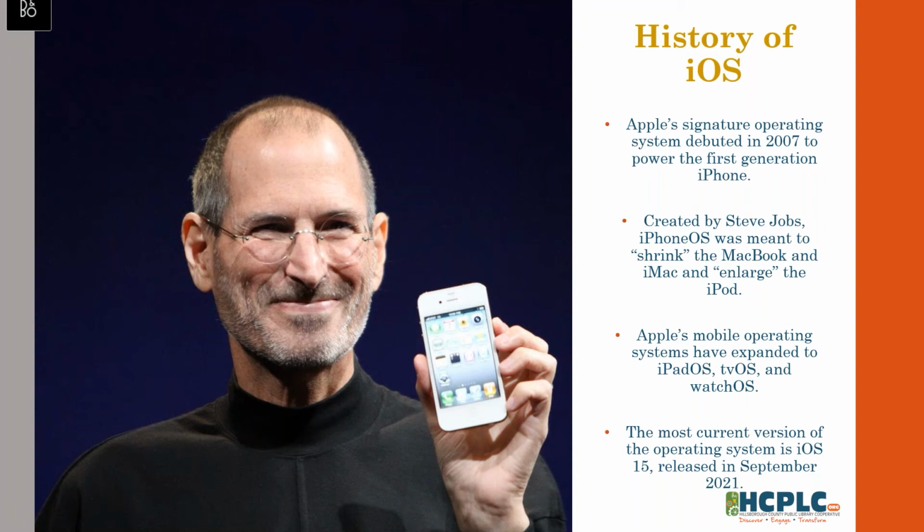You probably remember, back in the early 2000s, there was the Palm Pilot, there was the BlackBerry. The BlackBerry, at least back when I was in college, was really, really popular. And it had that teeny tiny little keyboard that you would use to type out messages to people. But the iPhone really brought the smartphone to the masses.